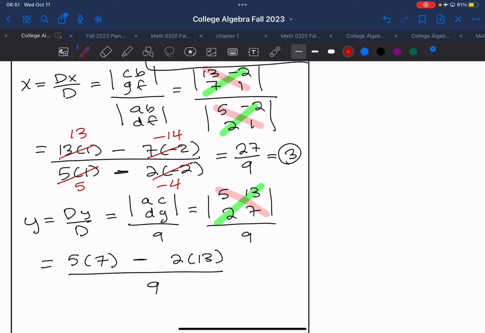So simplifying this, 5 times 7 is 35. 2 times 13 is 26. So I have 35 minus 26, which is 9, over 9, which reduces to 1. So what's my answer? What's my point? 3, 1.